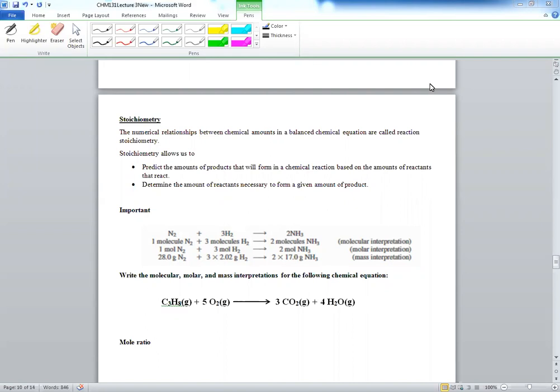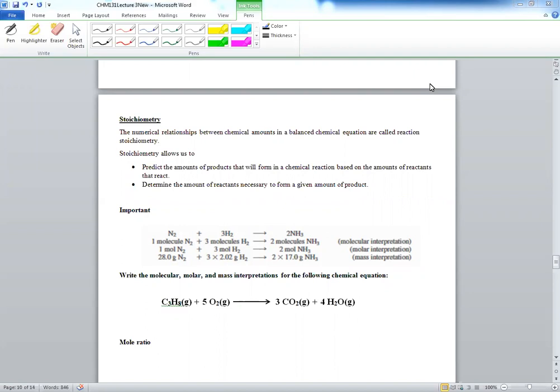What you have to do is calculate how much of these reactants or chemicals you are going to use in the reaction in order to determine how much of the products will be obtained or produced.